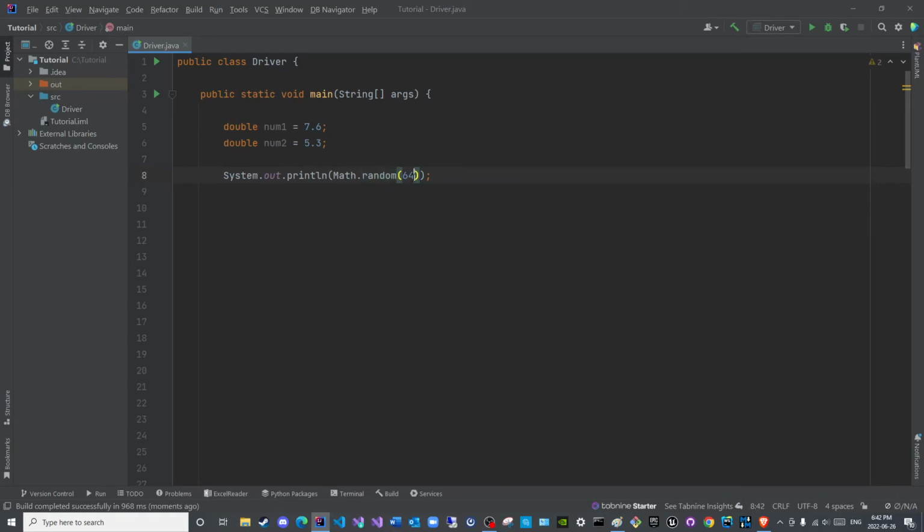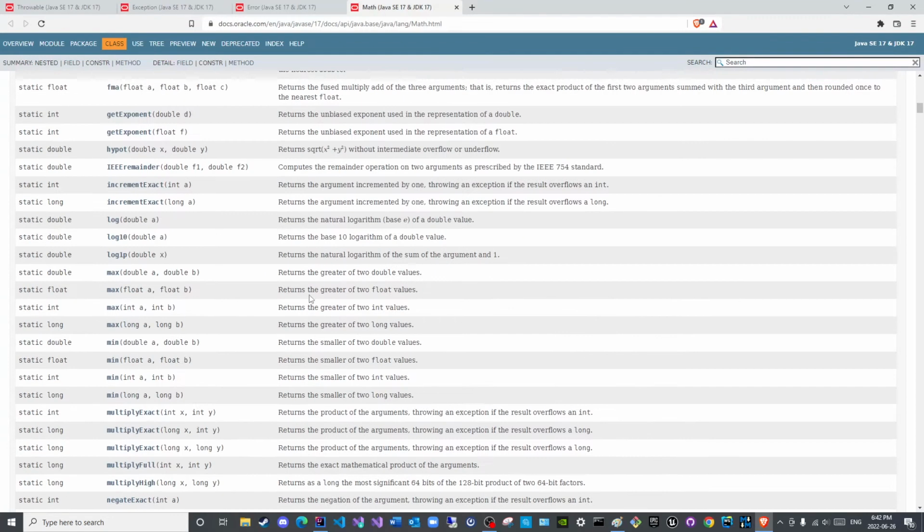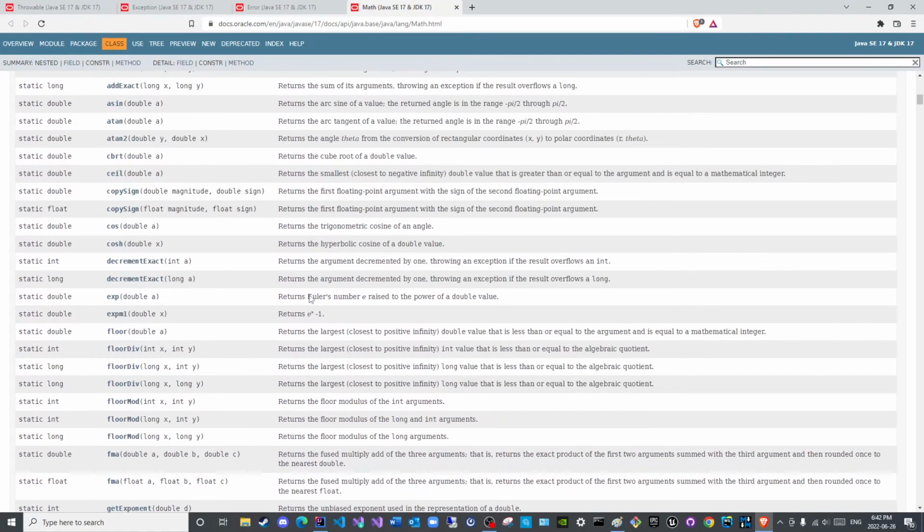They are called pseudo-random. So let us see what is yielded here. 0.9. Let us run again. 0.25, and if you keep trying this, you will never reach 1, because as we mentioned, 1 is exclusive, not inclusive. Do we have any other important method that we can use?